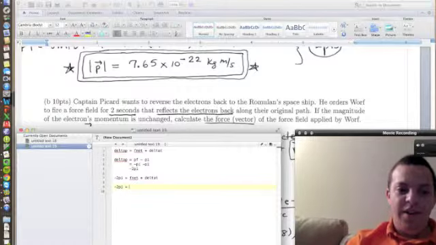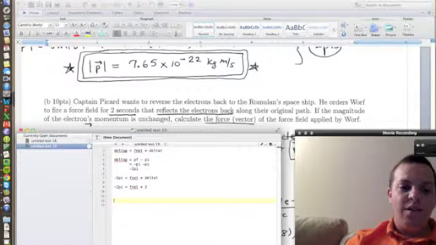So negative 2 pi equals F net times 2. Now what we need to do is calculate our value for F net to be able to finish solving the problem.